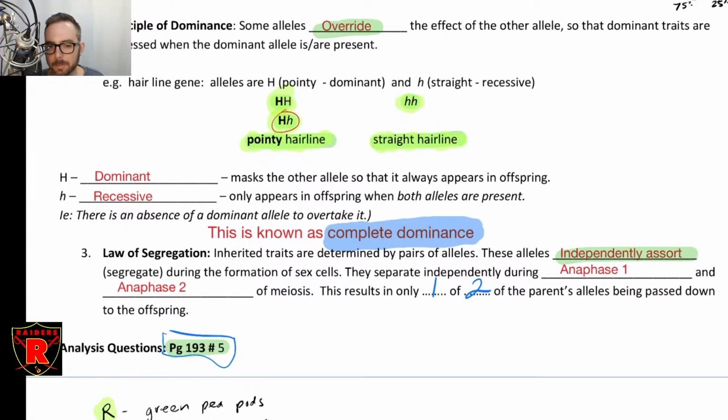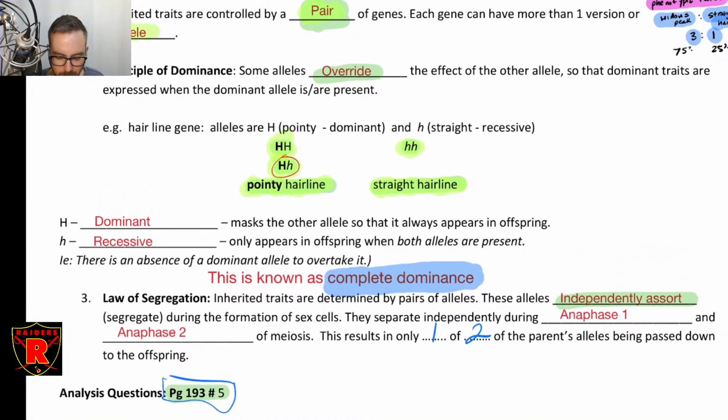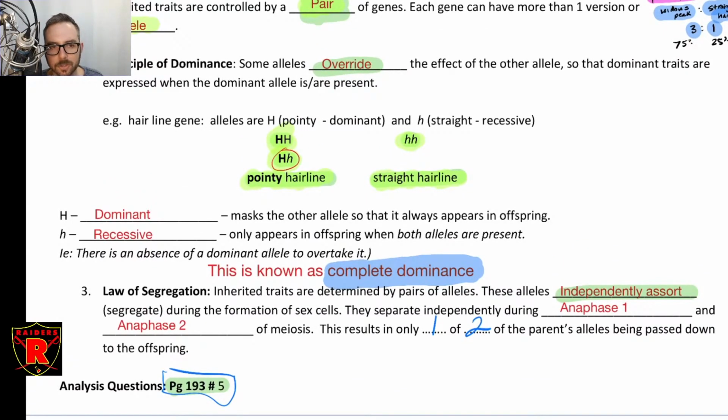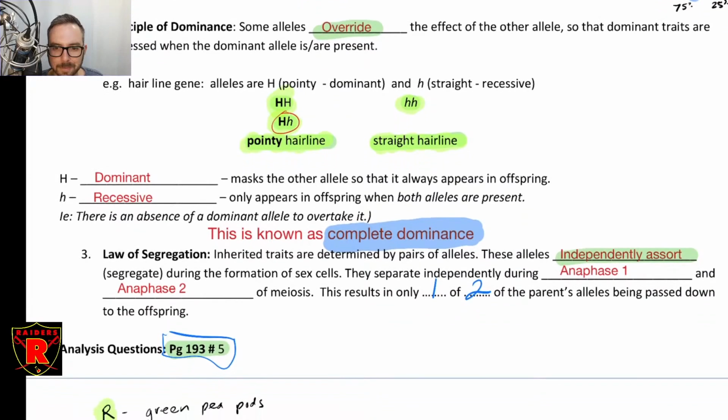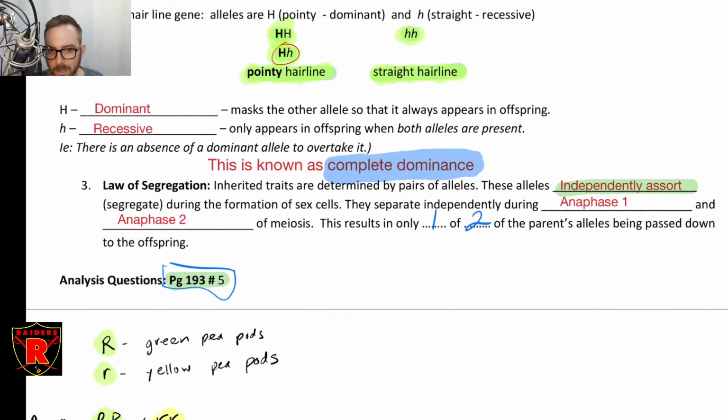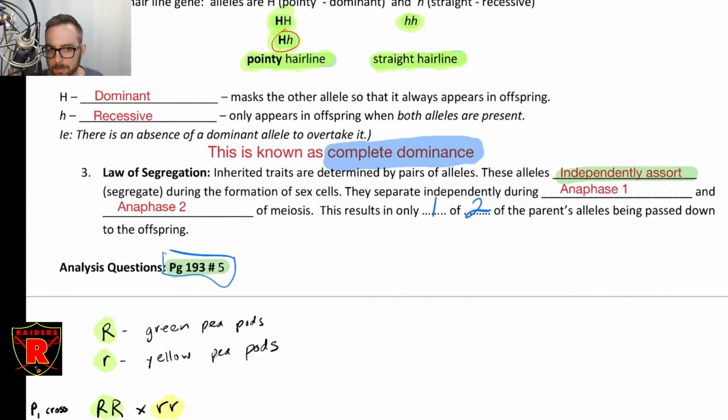So just something to keep in mind. Not everything is complete dominance. Mendel's second observation, the principle of dominance, does not always apply. It does in pea plants, but I'm going to show you some examples where complete dominance is not how things work. But it often is.